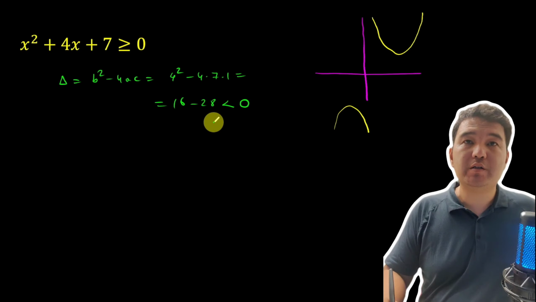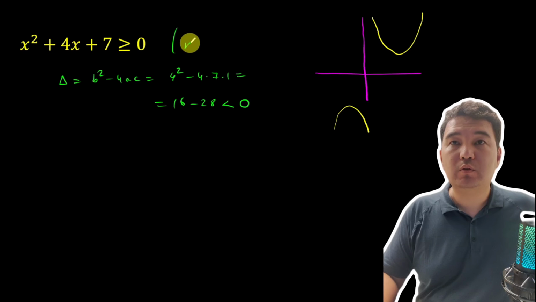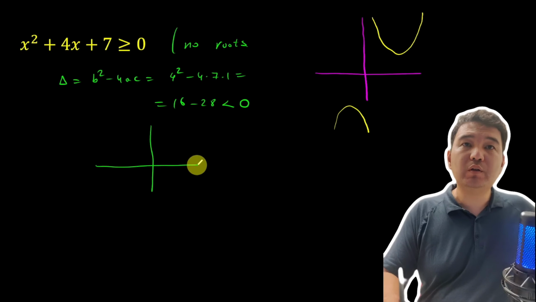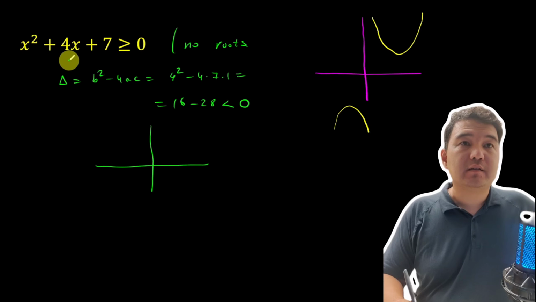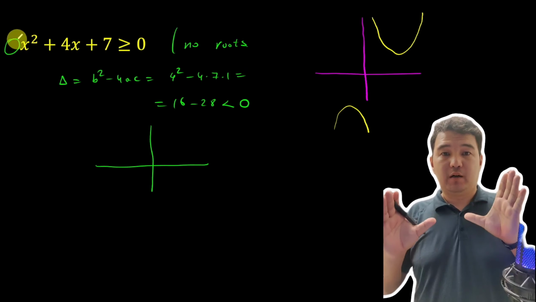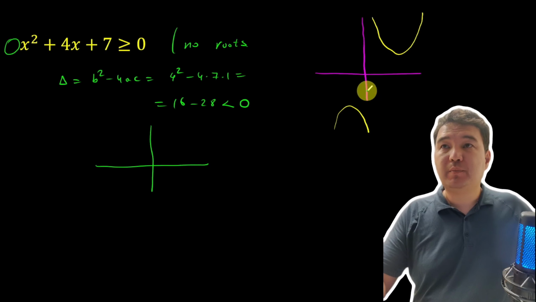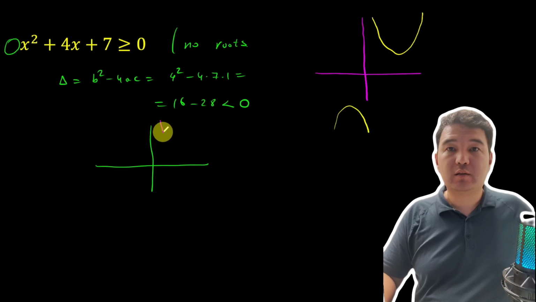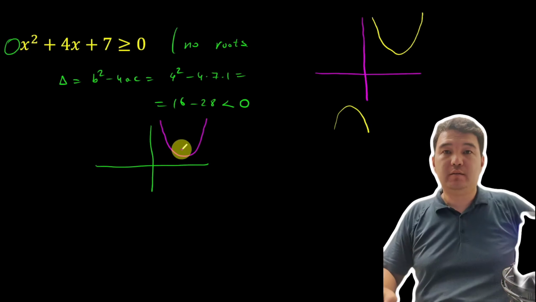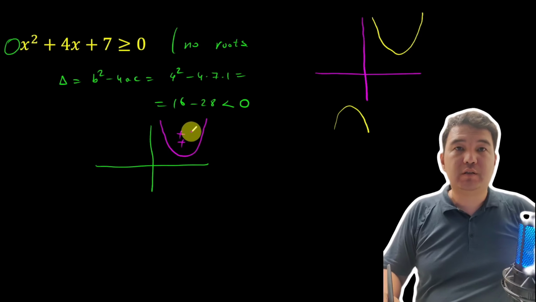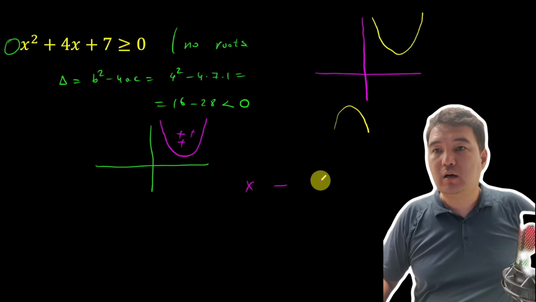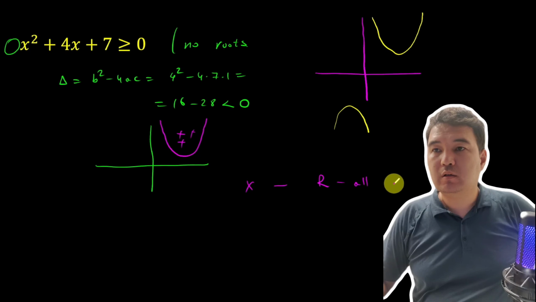So this equation has no roots. Since the leading coefficient is positive, it's an upwards facing parabola, completely above the x-axis, so it's always positive. So the solution set of x is R, all real numbers.